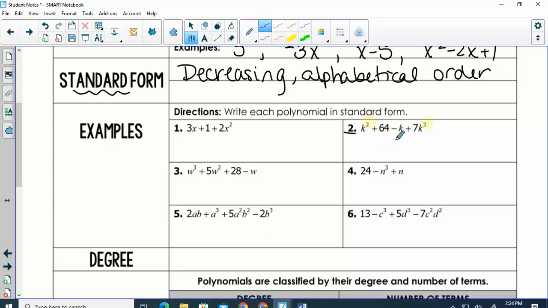So we put the term with that exponent first. So we have a 7k to the third. What would come next? And then it was plus a k to the second. And then we have minus k, and it's a minus because my k was subtracted, plus 64. The number, just a constant by itself without a variable, always goes last.